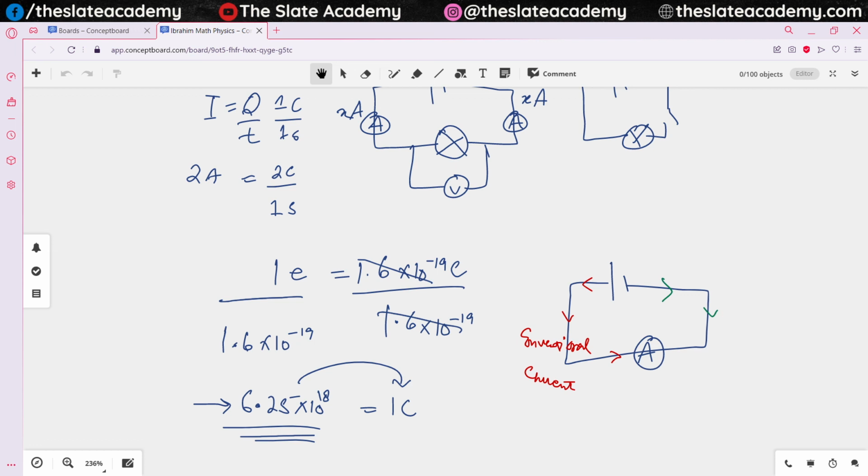And for electric current, we say it flows from negative to positive. Conventional current is simply what we used to believe about how current flows.